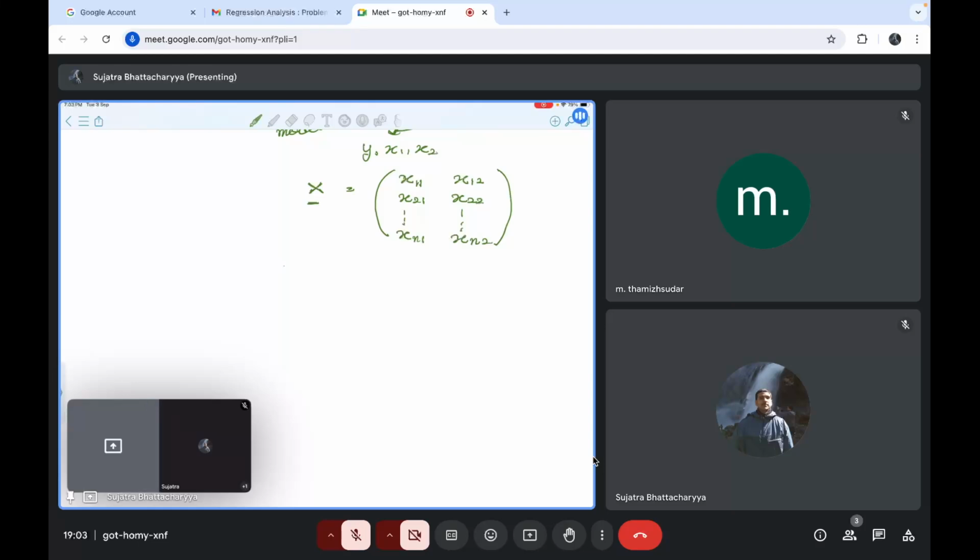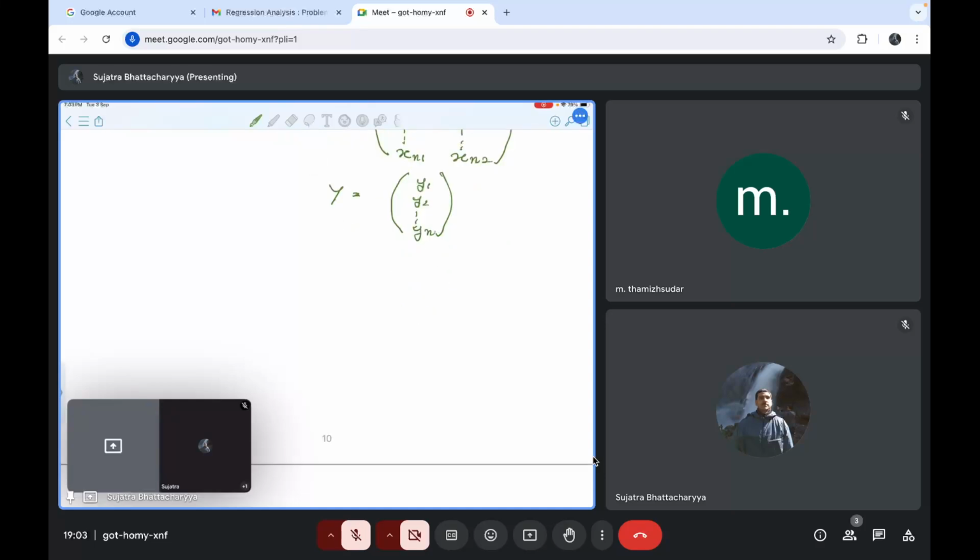So there will be a y also, which is nothing but small y1, small y2, and so on up to small yn. That's all. Correct? So the normal equation will be the same. It will not differ: X dash X beta hat is equal to X dash y.